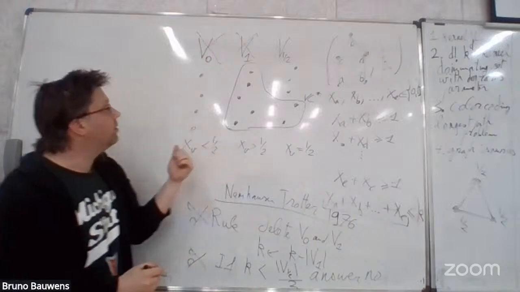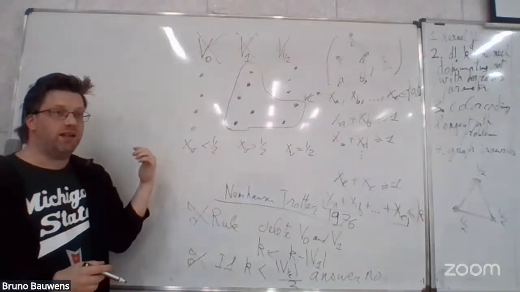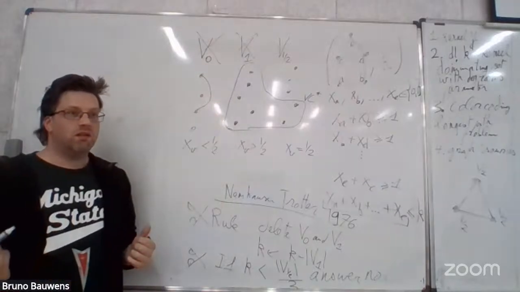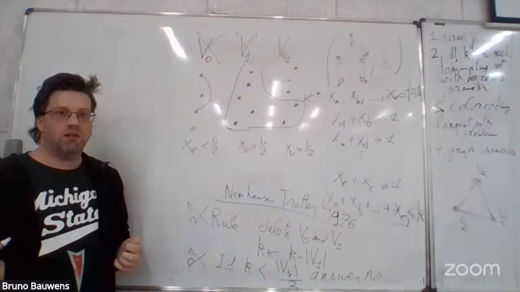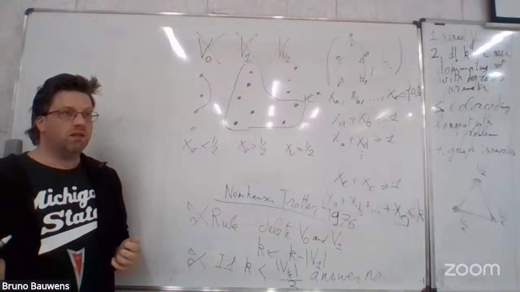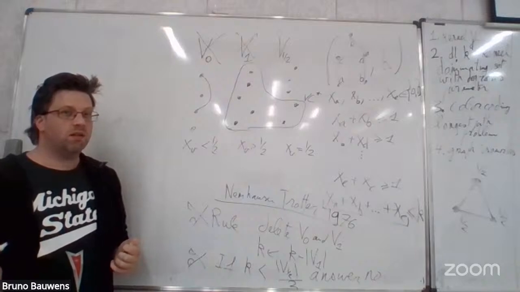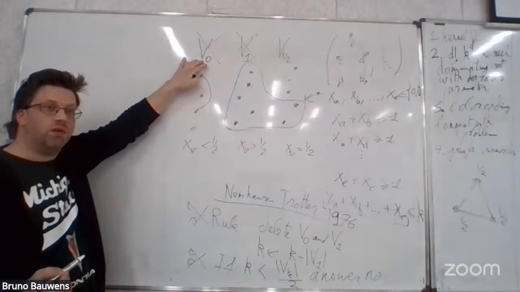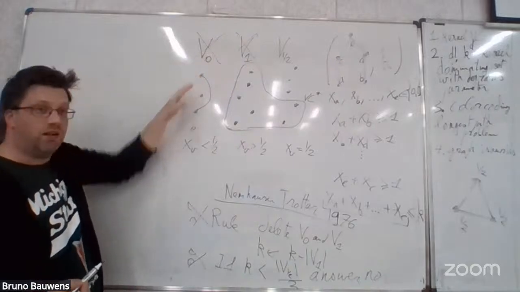Okay, so now let us think where the edges can be. Can I have an edge like this? So what do you think? What is the definition of V0? No, and why?